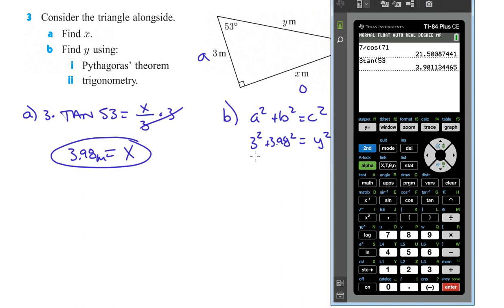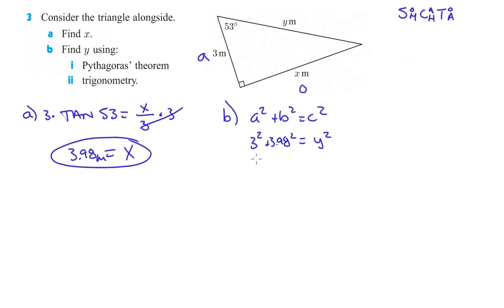Let's just call that 4, just to make our life easy. So 9 plus 16 equals y squared. So that's 25 equals y squared.